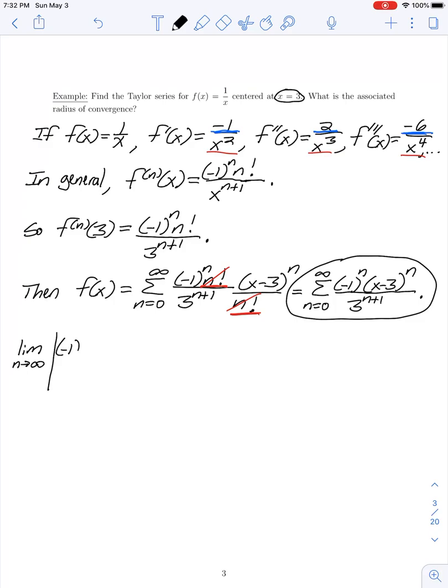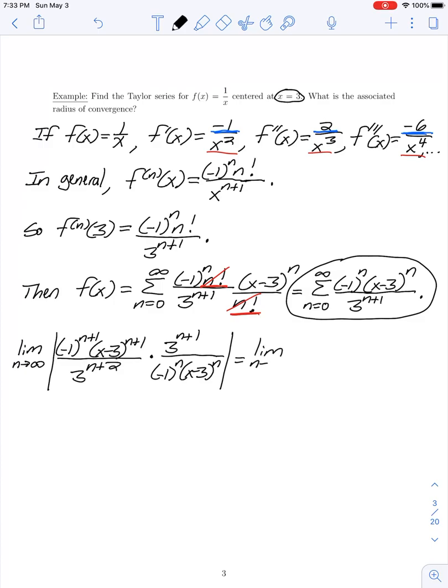So here we have -1 to the n plus 1 times x minus 3 to the n plus 1 all over 3 to the n plus 2. And then we divide by the nth term, which was a fraction, so equivalently we multiply by its reciprocal, which was 3 to the n plus 1 over -1 to the nth times x minus 3 to the nth.